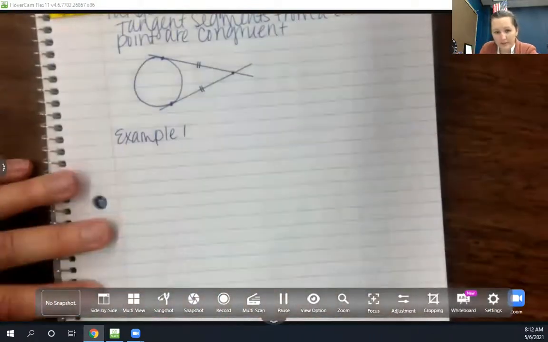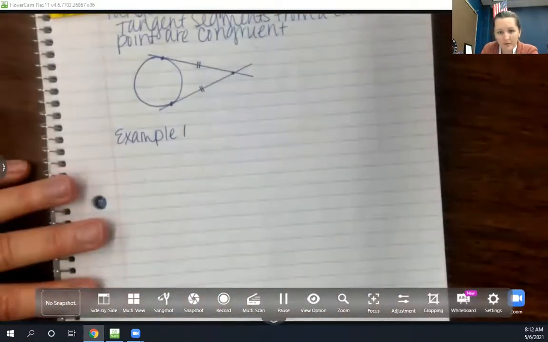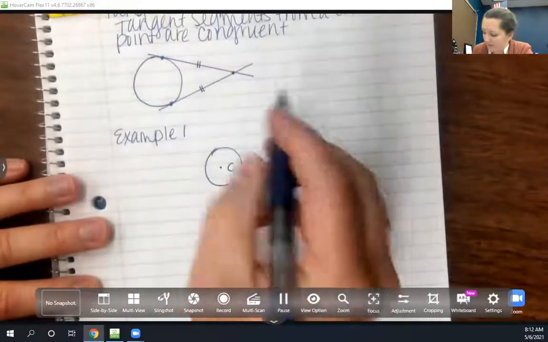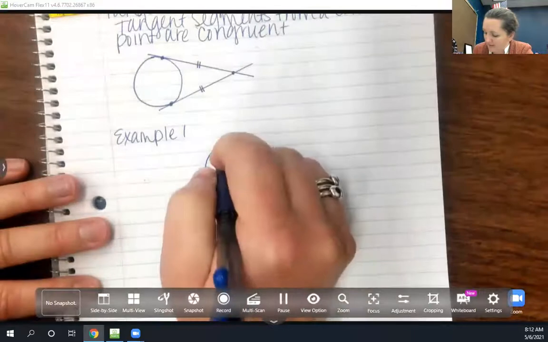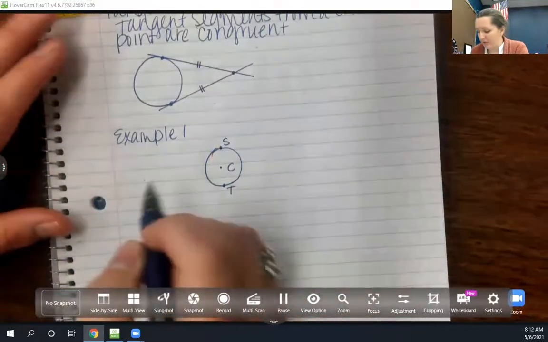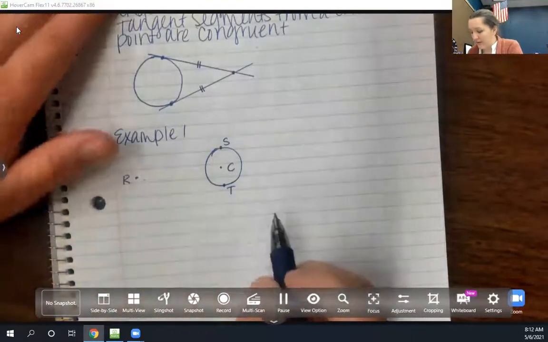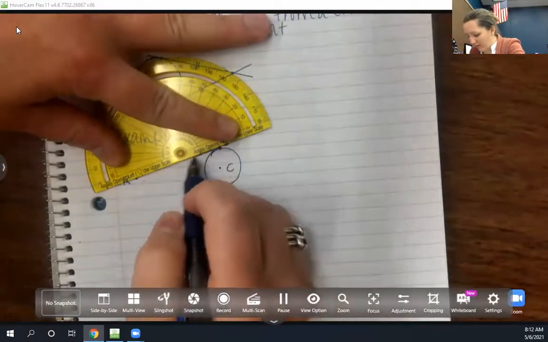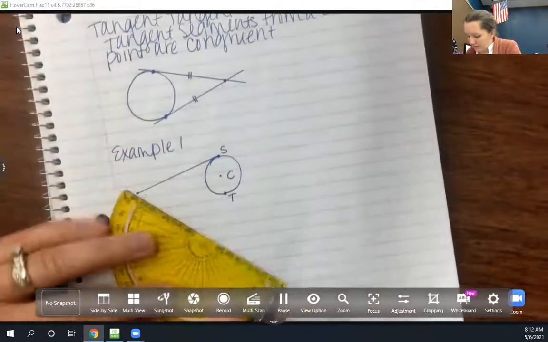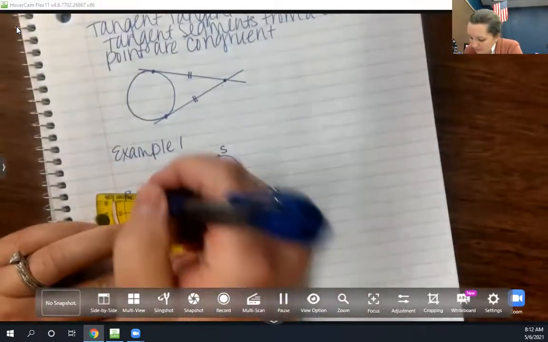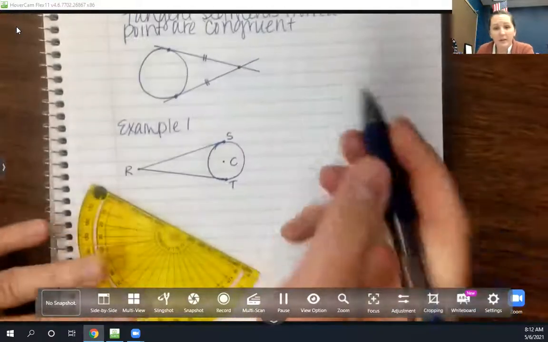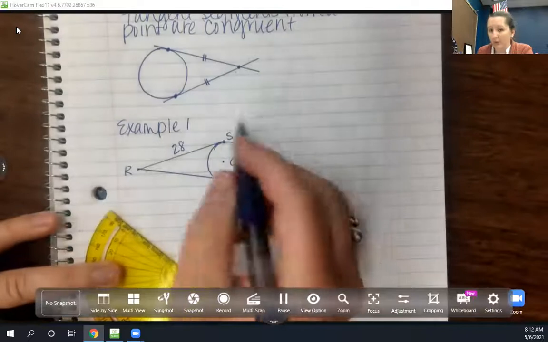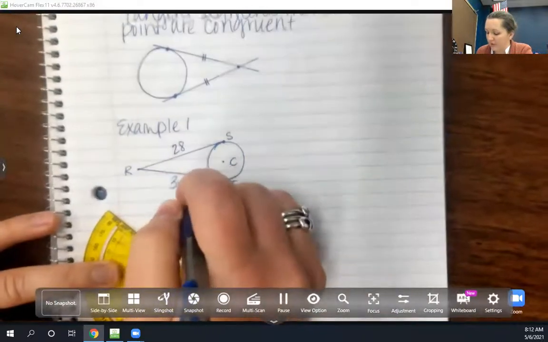So here's one example. We have a circle C, and I have points S and T for my tangent, and I have an external point, the common tangent point here, R. So the length of R to S is 28, and the length of R to T is 3x plus 4.